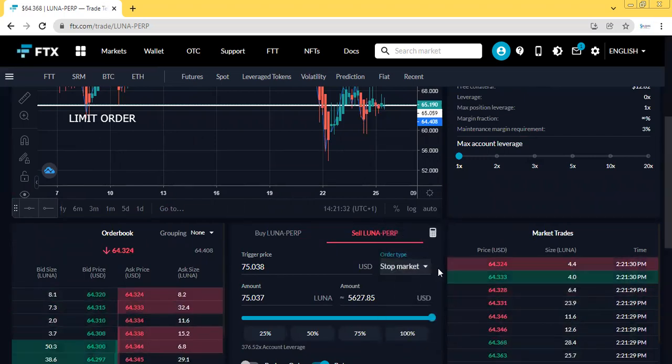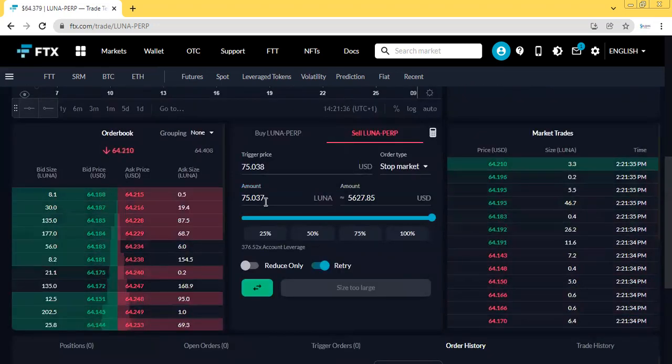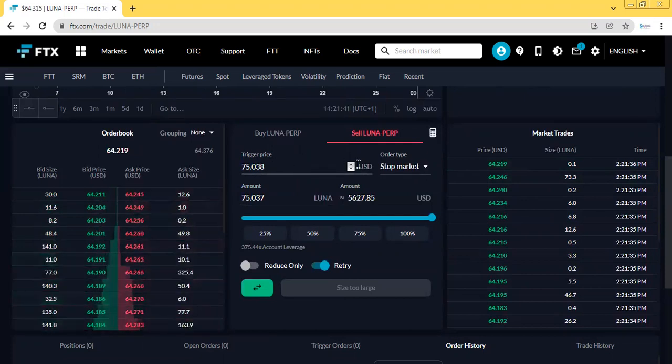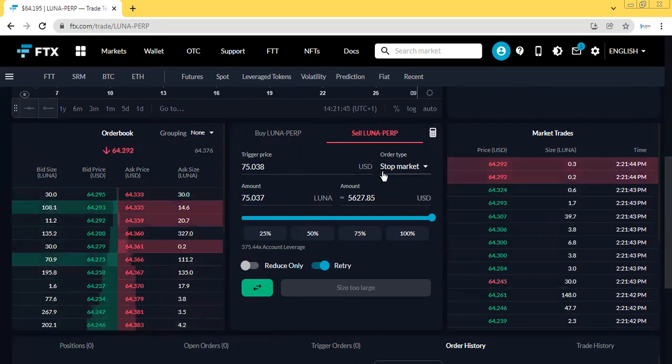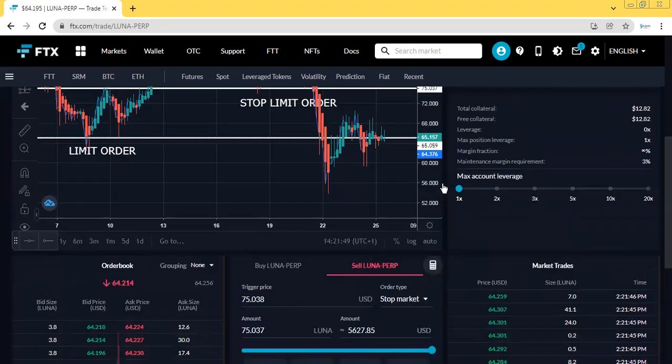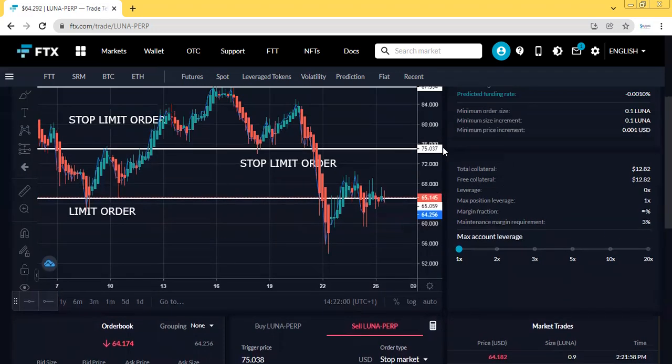This one is stop market, stop loss. In a stop market order, we don't change anything, yeah? What you need is that your stop market order is your stop loss. Are you getting me?